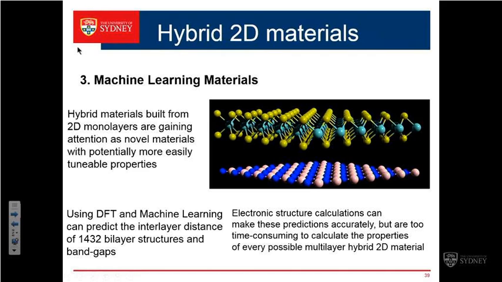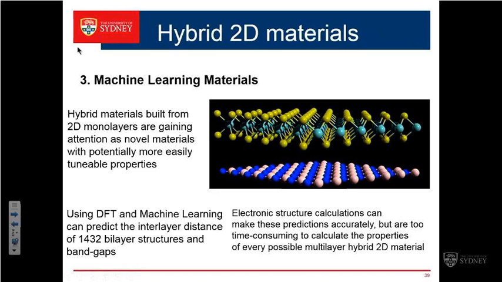Some still have to be supported on a substrate, however. Anyway, the point is we want to be able to predict the band gap, the lattice constant, and the interlayer spacing for many combinations of these structures.